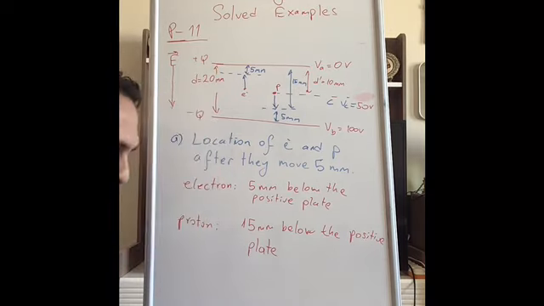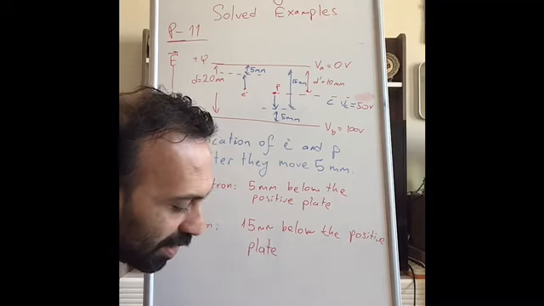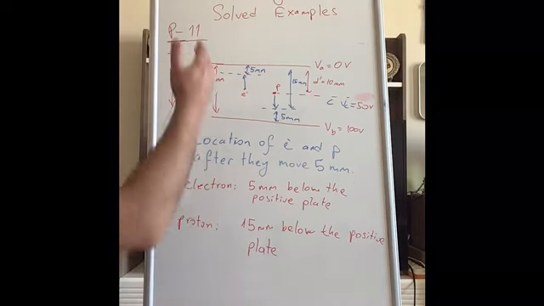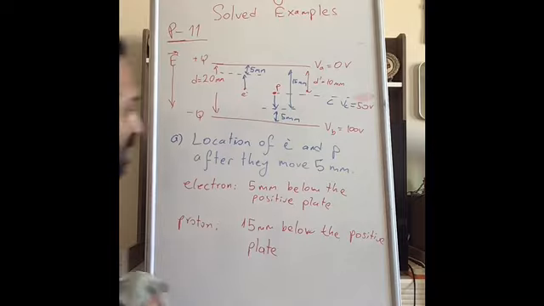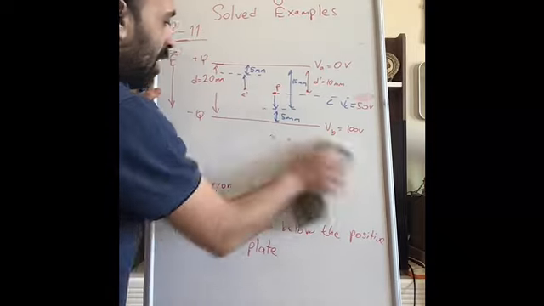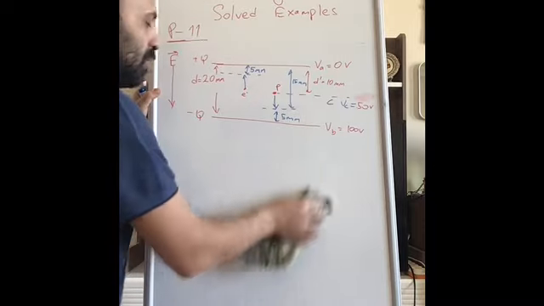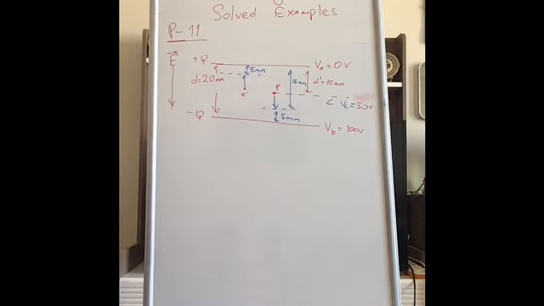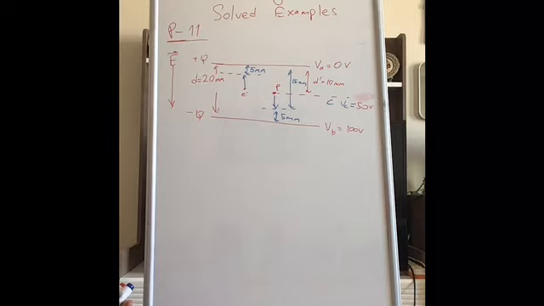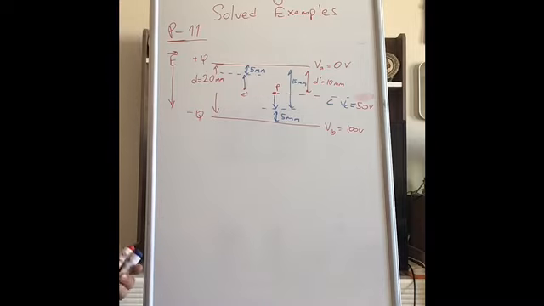Now the second part is asking to calculate the electric forces acting on the electron and proton. Now the forces, again, we are going to use the definition of electric field and the relation between electric field and electric force.